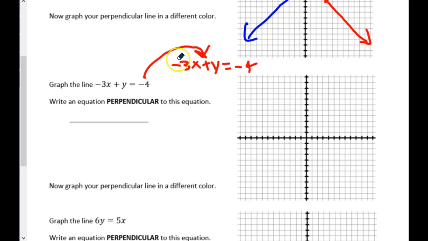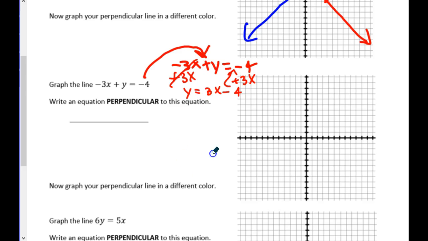What do I need to do first? The negative 3x needs to go to the other side, so we do the opposite. We add 3x, and we put this in front of the negative 4. The x's cancel out, and now I have y equals 3x minus 4. Did y'all see how we did that?